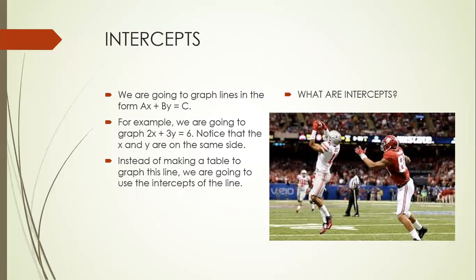That's going to be our goal for this first part. Because it's in standard form, we're not going to make a table. What we're going to do is use the intercepts of a line. Now, what are intercepts?